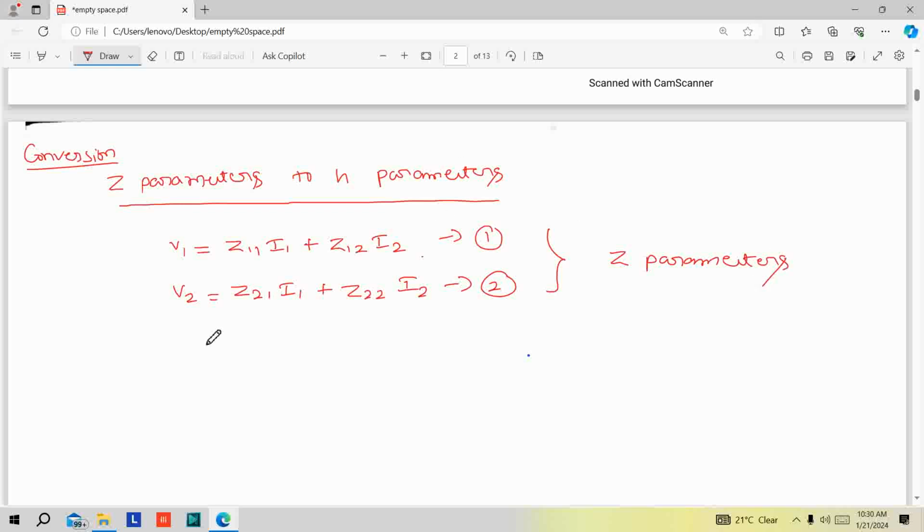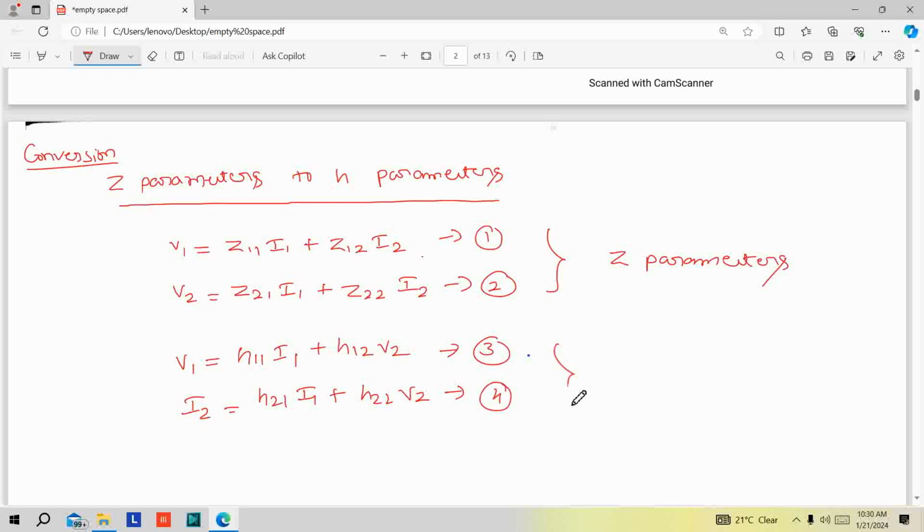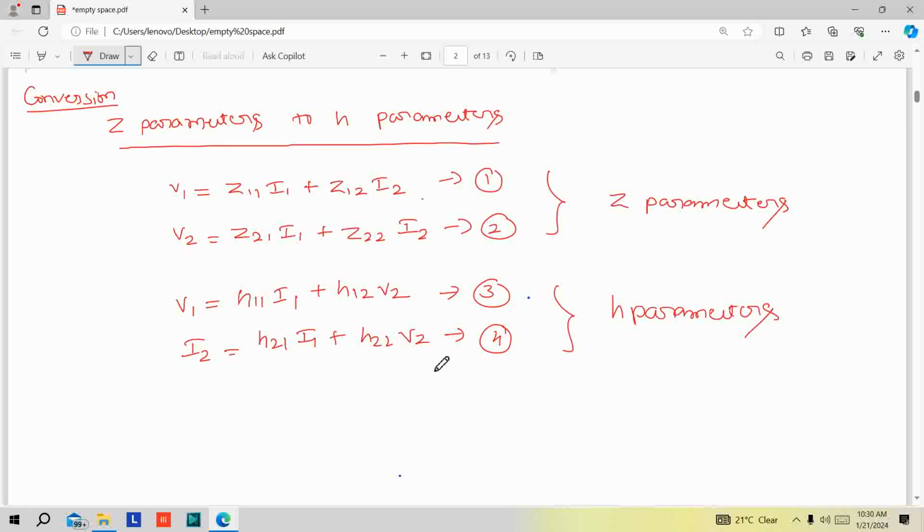Similarly, define H parameters. H parameters are V1 equals H11 I1 plus H12 V2; call this equation 3. Similarly, I2 equals H21 I1 plus H22 V2; call this equation 4. So these are H parameters.